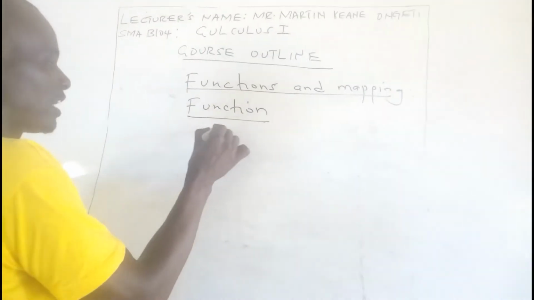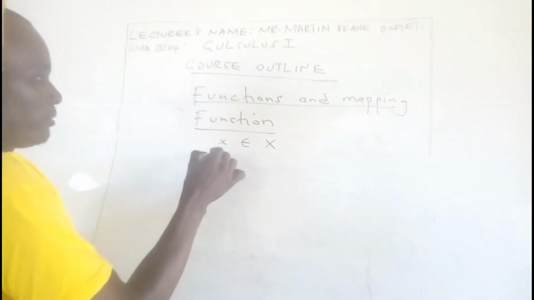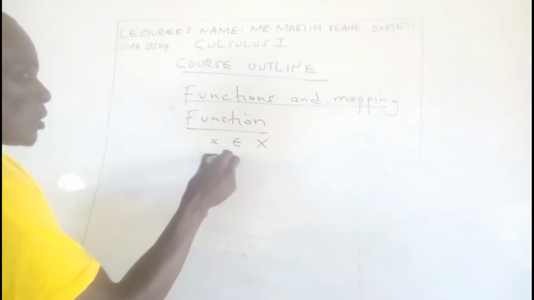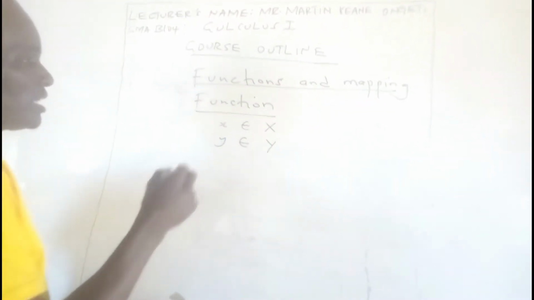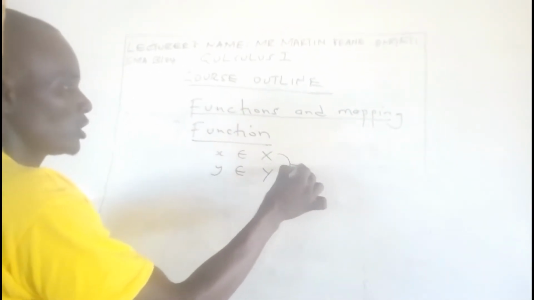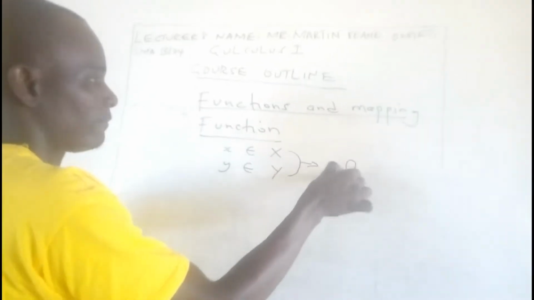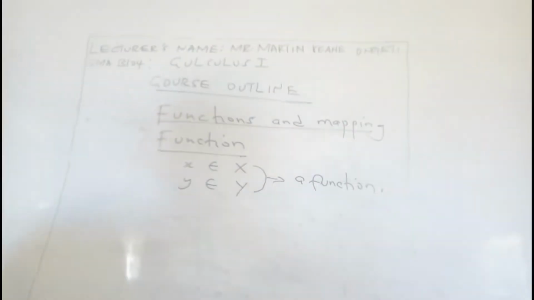If we have an element x that is a member of set X, and another element y which is a member of set Y, then the relationship that exists between these two sets is what gives us what we call a function.